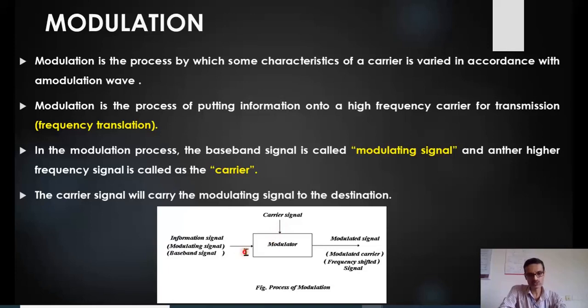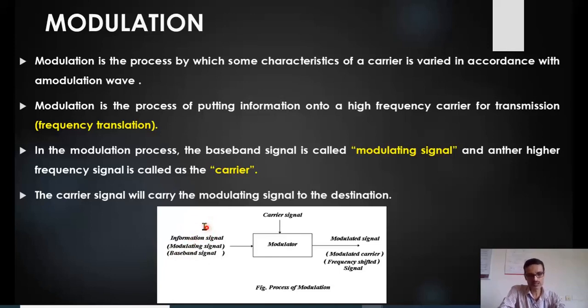So what we do is we give both signals to the modulator, and in the modulation, as I told earlier, we actually change something. That means what exactly we change is the amplitude or the frequency or the phase of this carrier signal, proportional to the amplitude variation which is happening in the message signal.